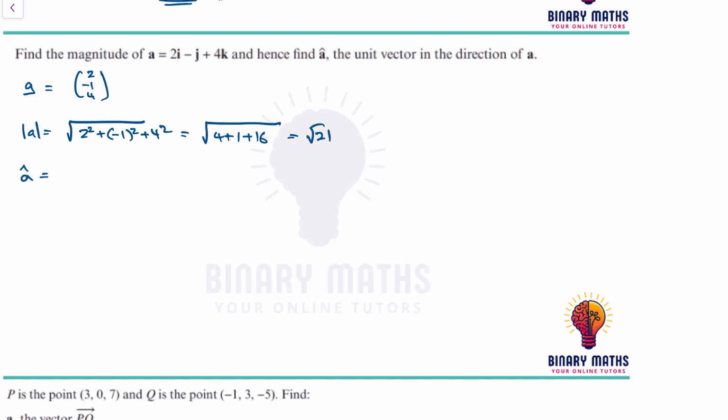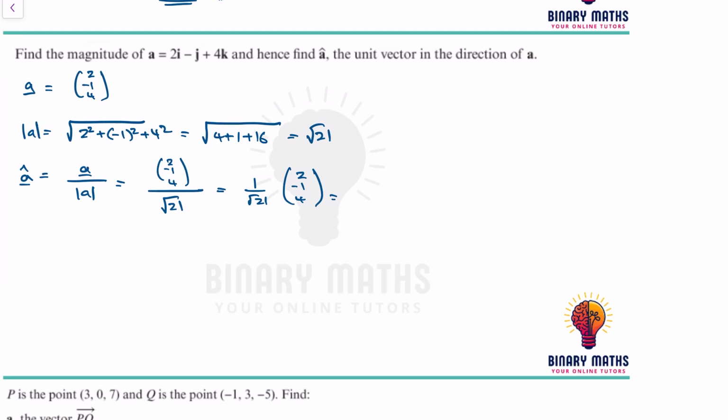A hat is equal to A over the magnitude of A, which is equal to 2, minus 1, 4, divided by root 21, which is the same thing as 1 over root 21 times 2, minus 1, 4. I want to write it in ijk components.